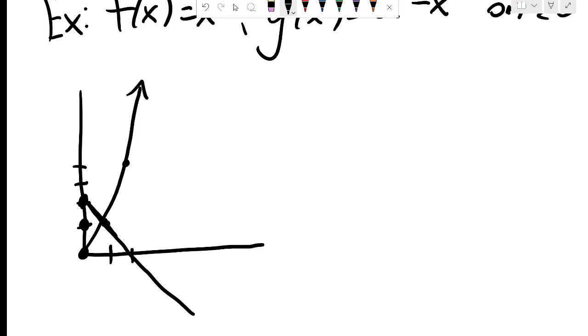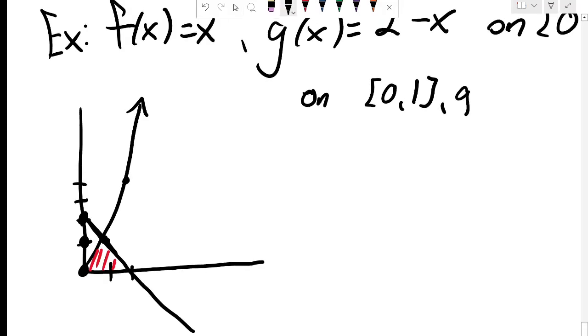The reason it's not quite as straightforward as the last one is that on 0 to 1, 2 minus x is larger than x squared. So on 0, 1, g of x is greater than or equal to f of x.